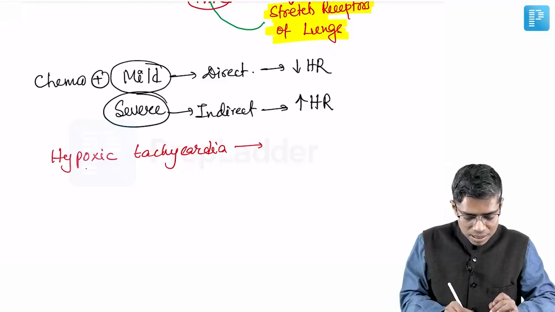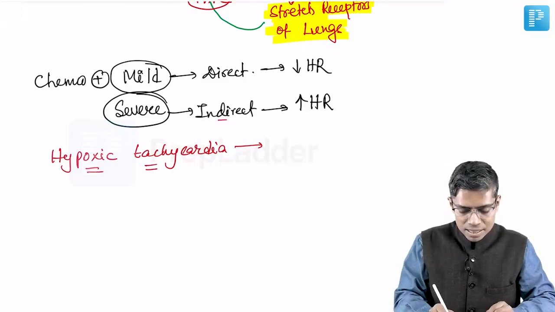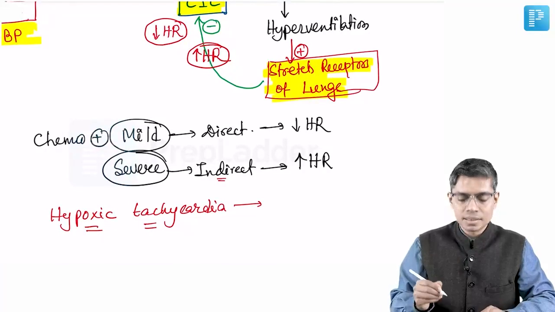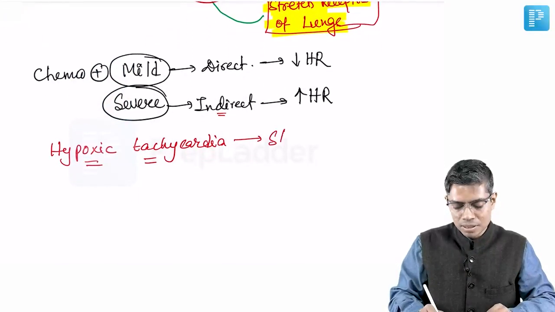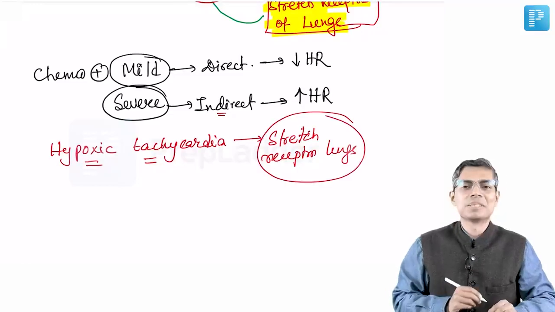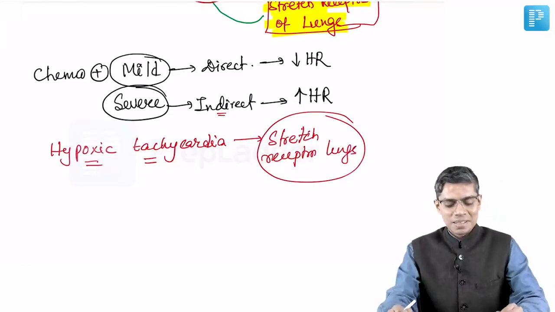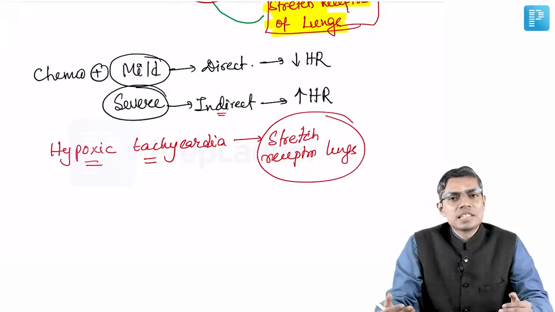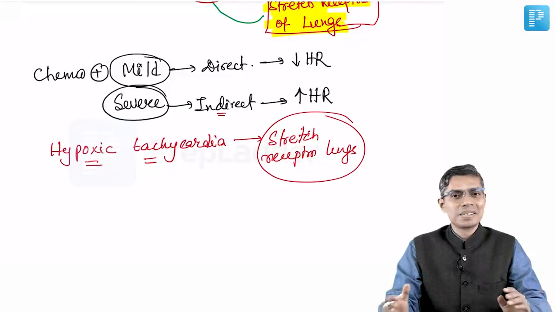During hypoxia, if you are getting tachycardia, that is the indirect pathway. Who is doing this tachycardia? That is nothing but the stretch receptor of the lung. Getting my point? So that's a very peculiar question and peculiar answer: hypoxic induced tachycardia is due to stretch receptor of the lung. Right? Now you got it.